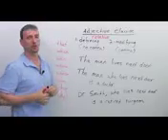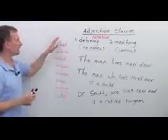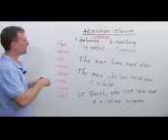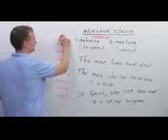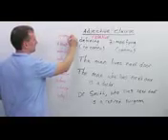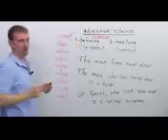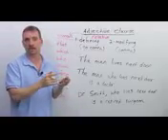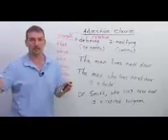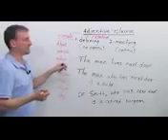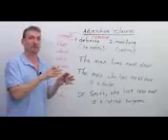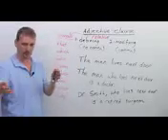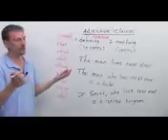Now, another thing to know about adjective clauses, they all begin with a relative pronoun. Okay, a relative pronoun. This is basically the conjunction of the clause. It is what begins the clause. Now, some of these can also be the subject of the clause, which means it will agree with the verb. Some of them cannot.